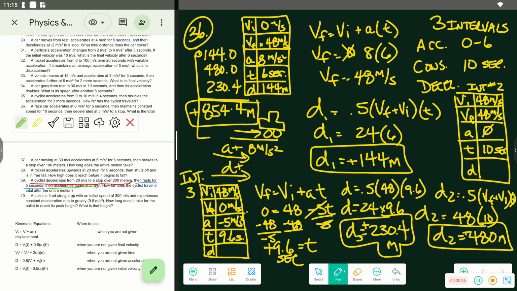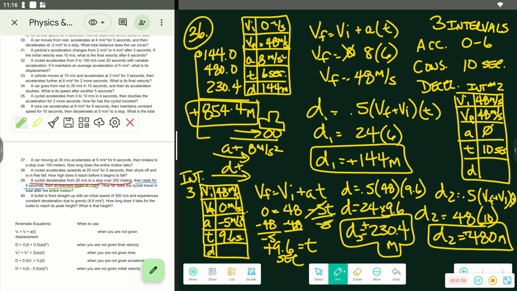Okay, so in terms of that, you have 3 separate changes. You have deceleration in the beginning. Okay, you have a resting period, and you have to figure out how far the cyclist travels. Do you even have to do anything for the second interval? No, why? What are you solving for?